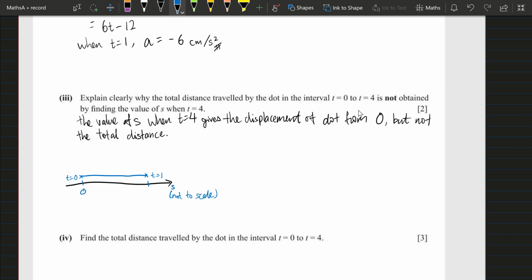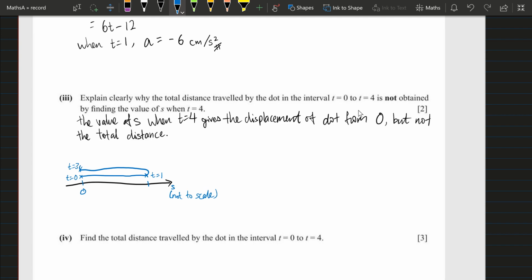So if the particle or the dot continue its motion, right, it means the dot has to reverse its direction of motion, which means it's going to turn and be over here at t equals to 3.